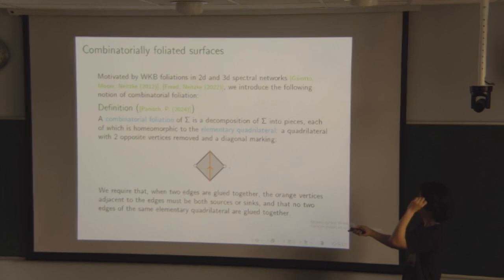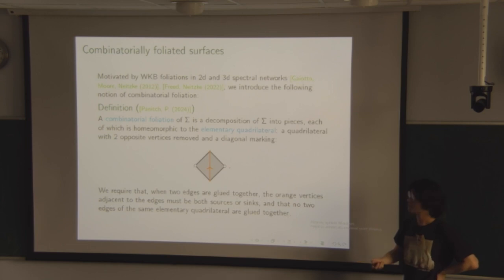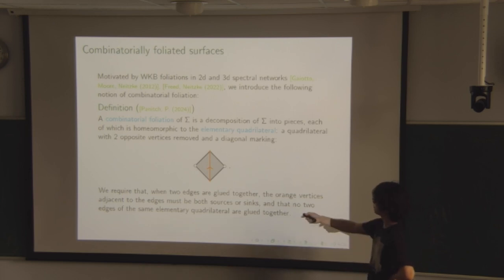So for the first part, to state the splitting homomorphism, we've introduced this notion of combinatorial foliation, motivated by some constructions in mathematical physics, namely the 2D and three-dimensional spectral networks.